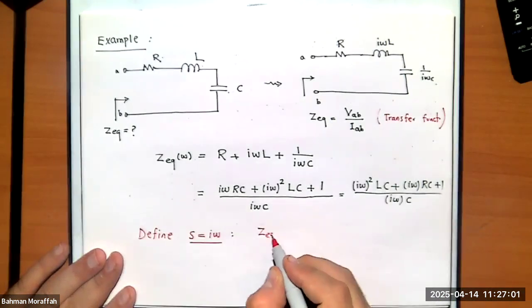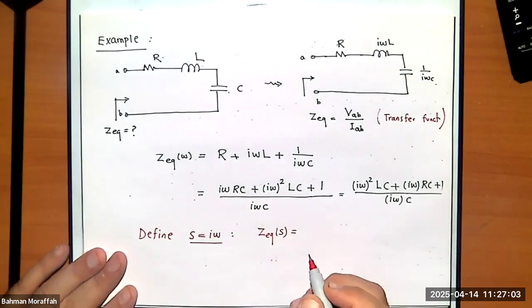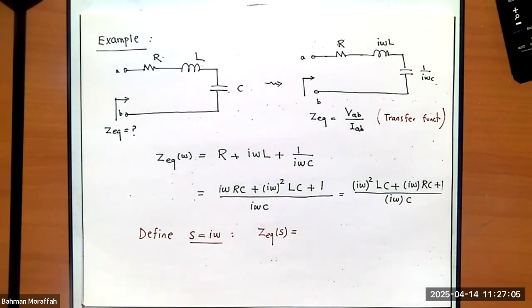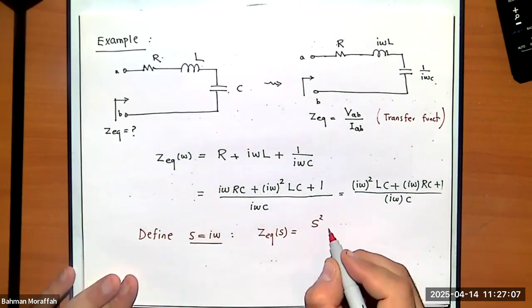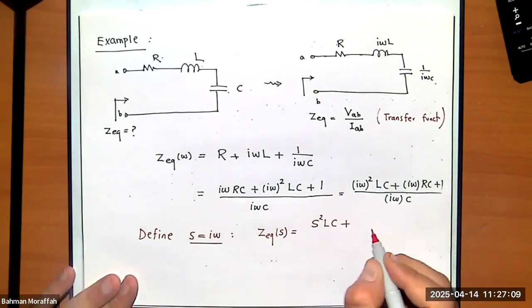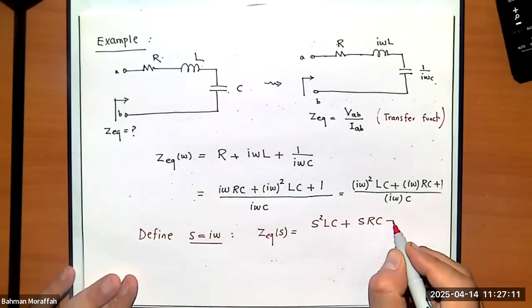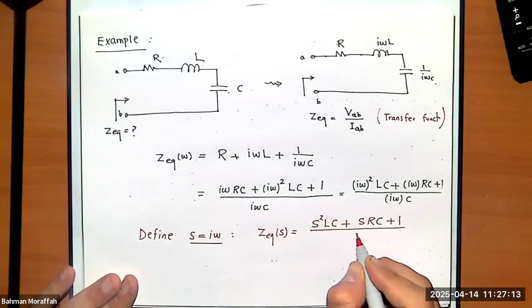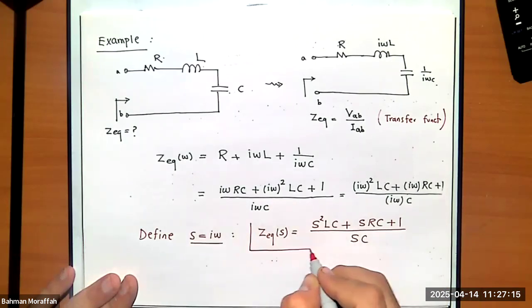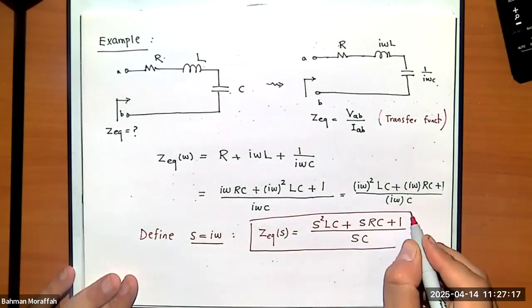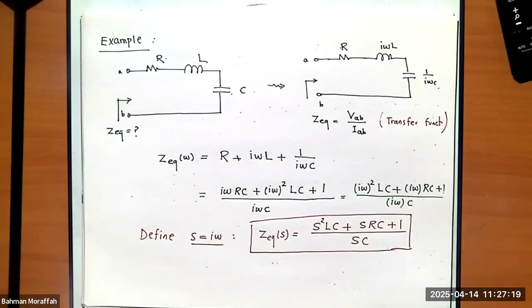So I have s squared LC plus sRC plus 1, divided by sC. So this is my transfer function. Right?